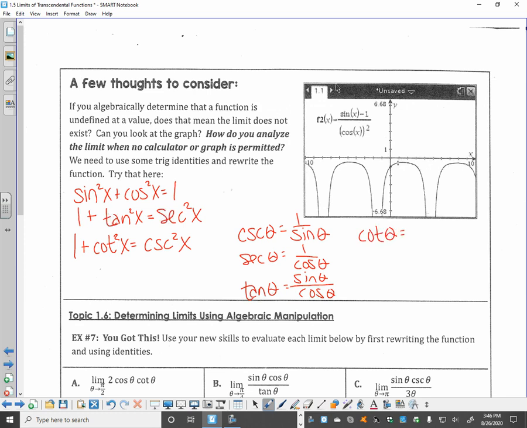So that takes the 4 non-sine and cosine functions and puts them in terms of sine and cosine. The reason we like to do that is because I know the graphs and the values of sine and cosine so much better than I do the other 4. Okay, so there's a walk down memory lane.